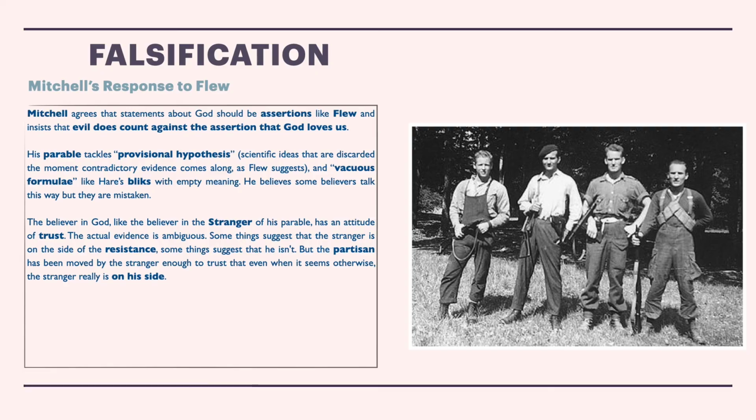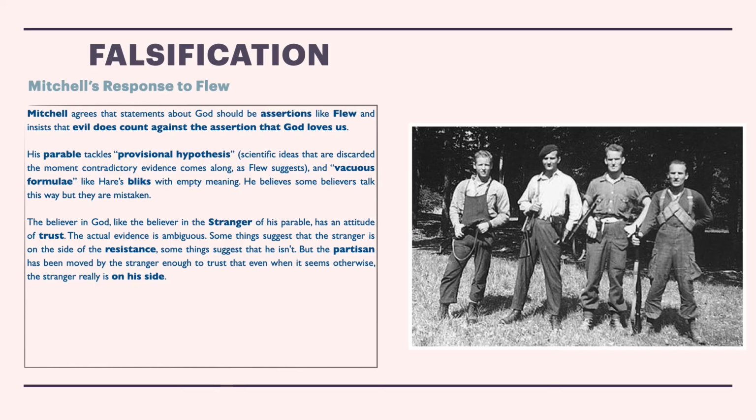So some things suggest that the stranger is on the side of the resistance, and this creates ambiguous evidence against him. Some things suggest that he isn't. But the partisan is moved by the encounter, and that's an important aspect. It's a type of religious experience in the parable.